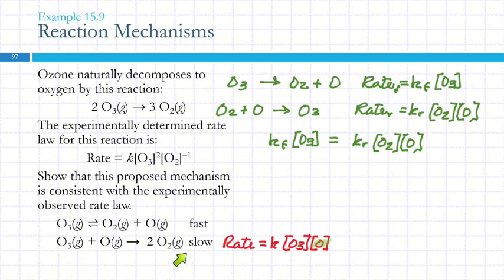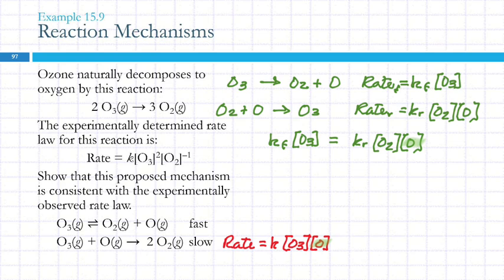Let's look at our slow step rate law. What is the problem with it? The problem is it's got O in it. And O is not in the overall reaction. So we're going to take this little mess that we made and we're going to solve for O. O is equal to the other stuff.